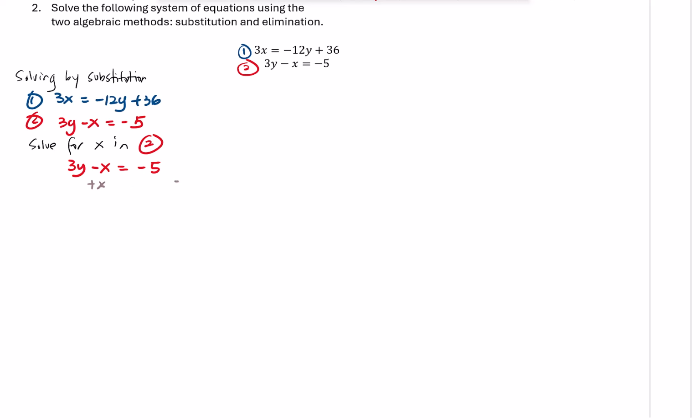So let's say add x here, and add 5 on both sides of the equation. Okay, so which will give you x on this side, and here we've got 3y plus 5. So our x is 3y plus 5.